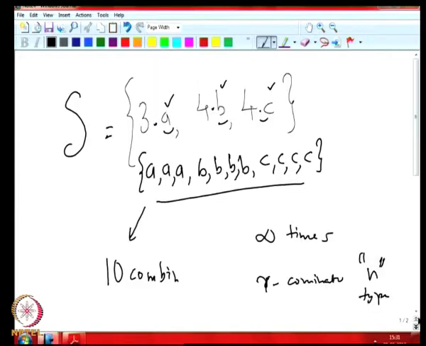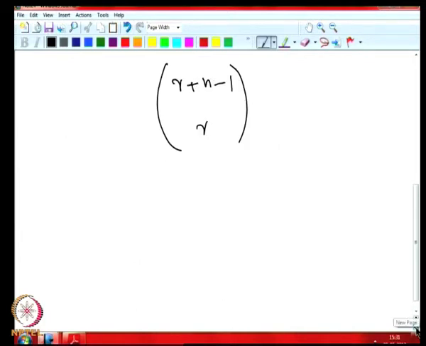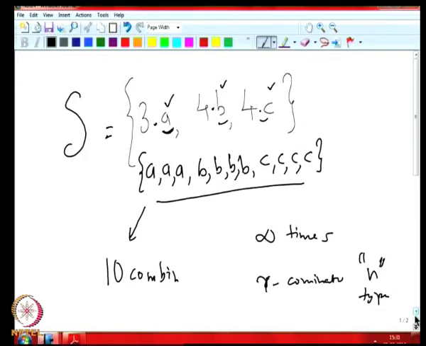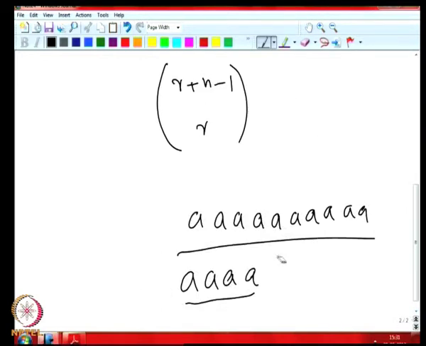But here, what is the difference? The difference is that, of course, we cannot take a's any number of times. For instance, if you want to make a 10 combination, a combination of the form 10 a's is not allowed, not even 5 a's are allowed here, because we have only 3 a's, sorry, not even 4 a's are allowed, right.